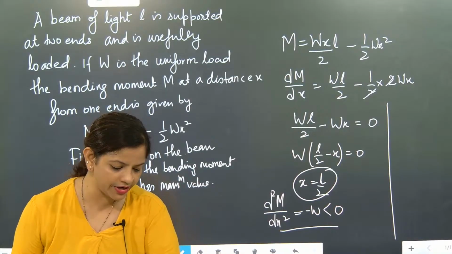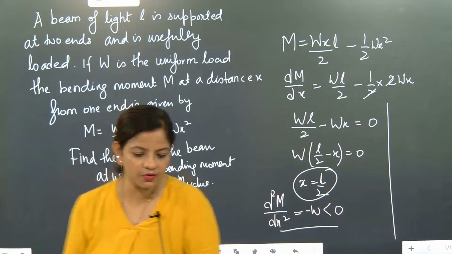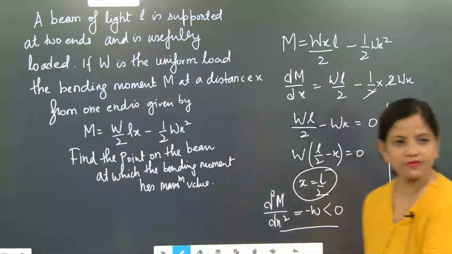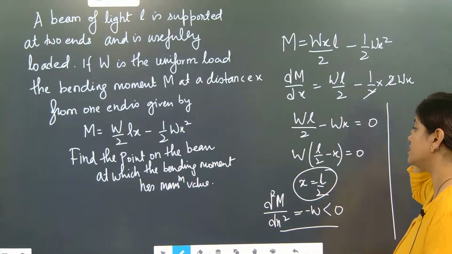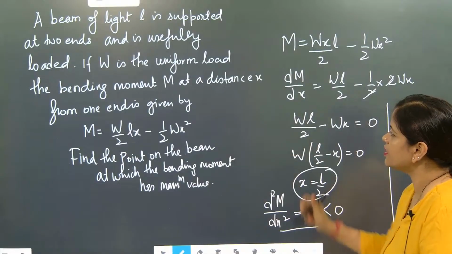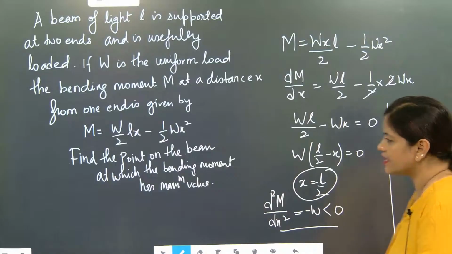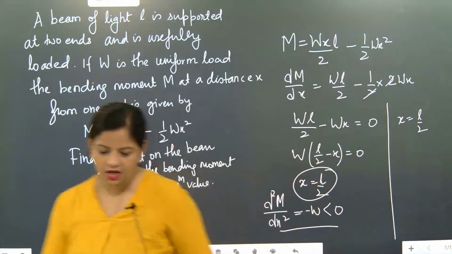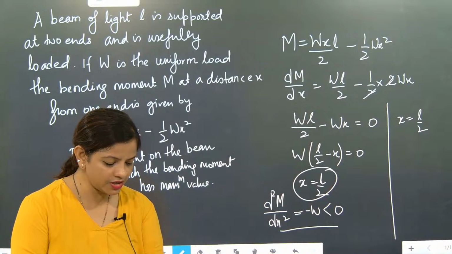Just note this down: at the point x equal to L by 2, you will get the maximum value of the bending moment. They just asked for the point, so at x is equal to L by 2 you get the maximum value.